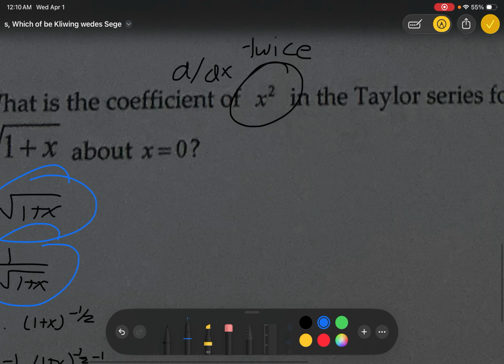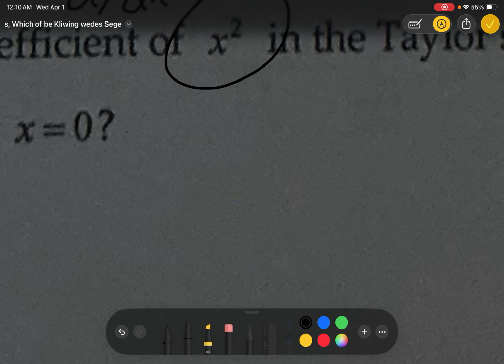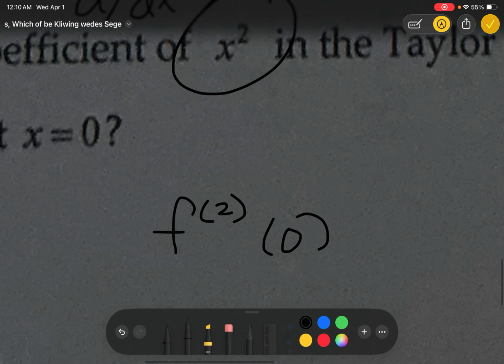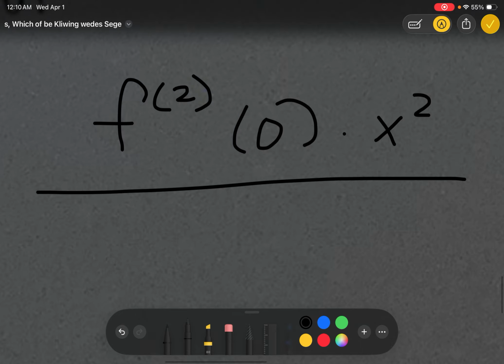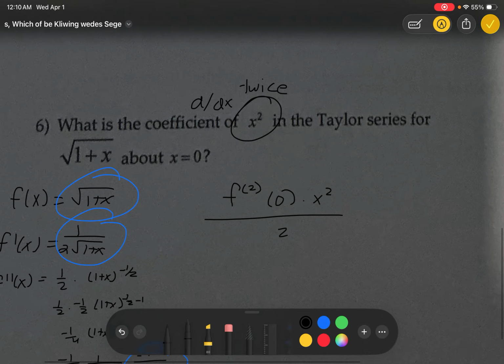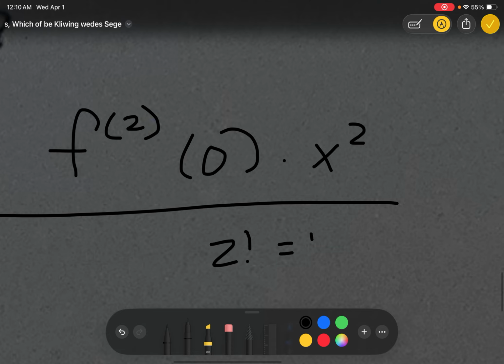And it's asking for the coefficient of x squared. To write the Taylor series term for your second degree, that's going to be f to the second of 0, because it's going to be f second derivative at x equals 0, times x squared over 2 factorial, but that's just equal to 2, so we can just remove that factorial.